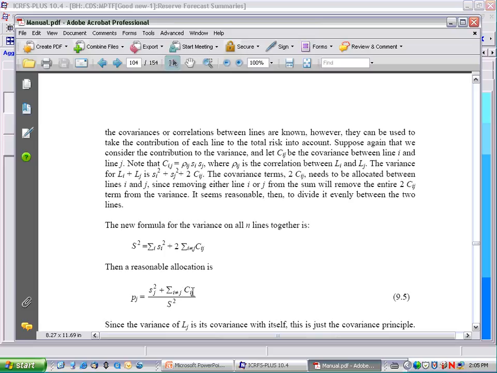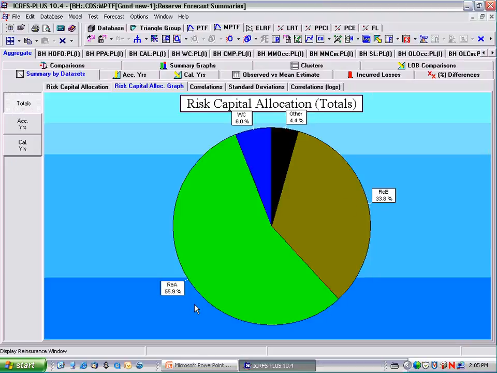Now, if the lines of business are completely independent, reserve distribution correlations are zero, then it's just the variance of that line divided by the sum of the variances, which is the same as the variance of the sum. So that's the covariance formula we actually use to assign risk capital to each line of business. Workers' comp gets 6%, and so on.